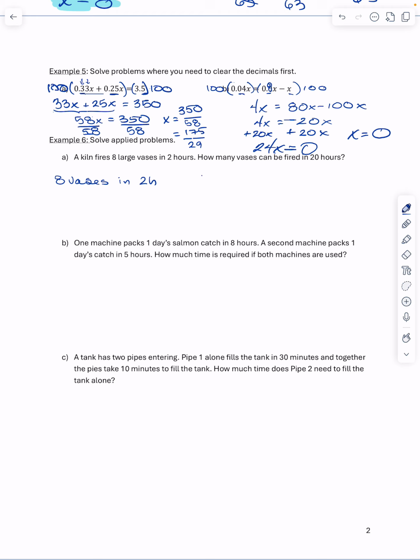So I can set up a proportion here, which I'm going to find a little more comfortable. So this is what my equation is going to look like. Notice I have vases and vases, both in the numerators. I have hours and hours, both in the denominator.